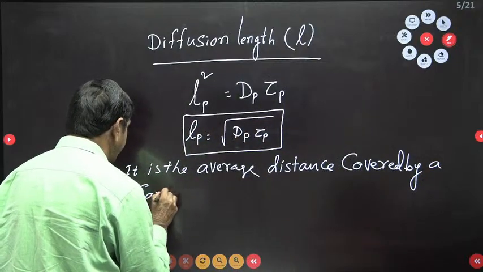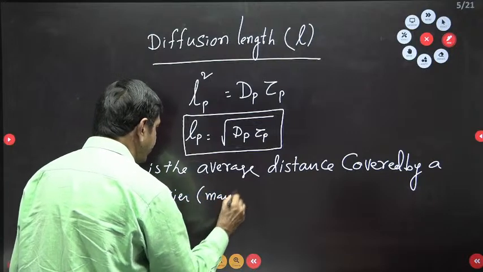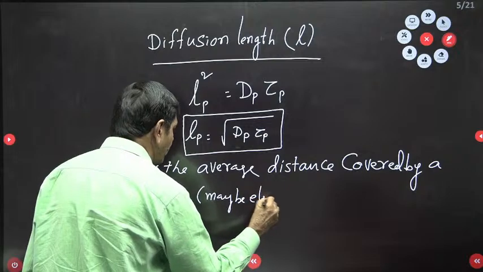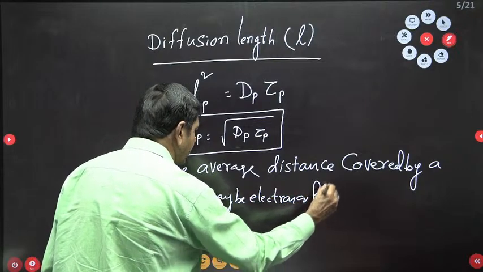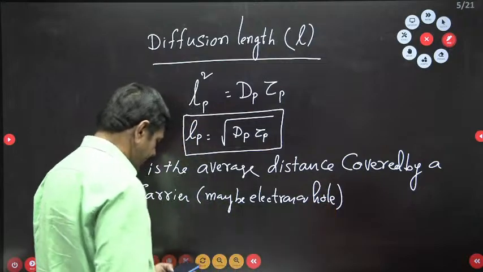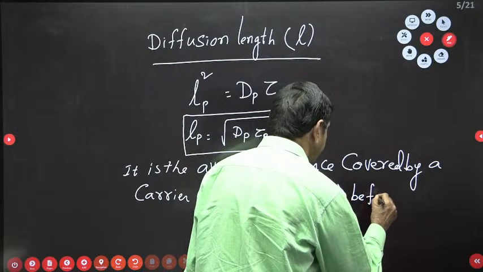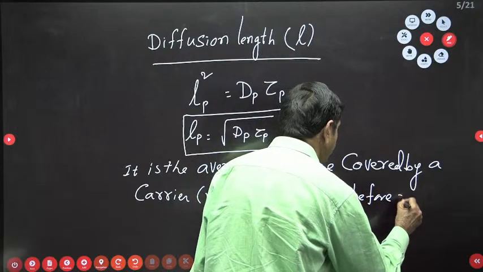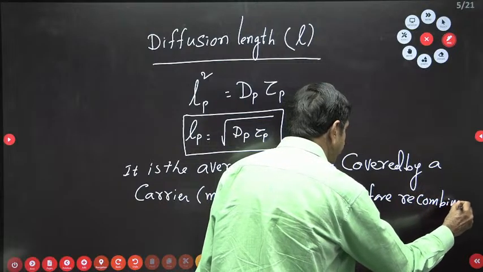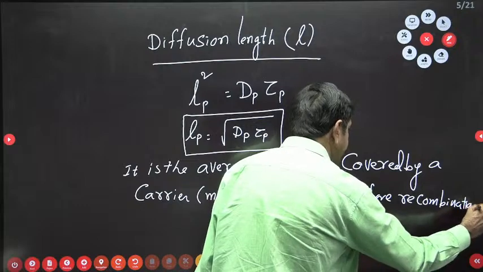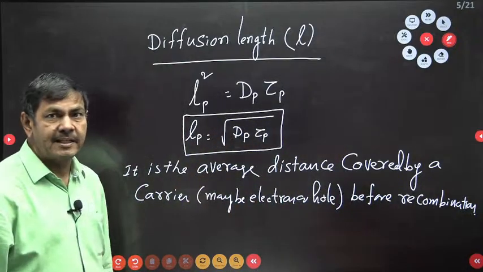That carrier may be an electron or a hole, before recombination. Before recombination, that is called the diffusion length.